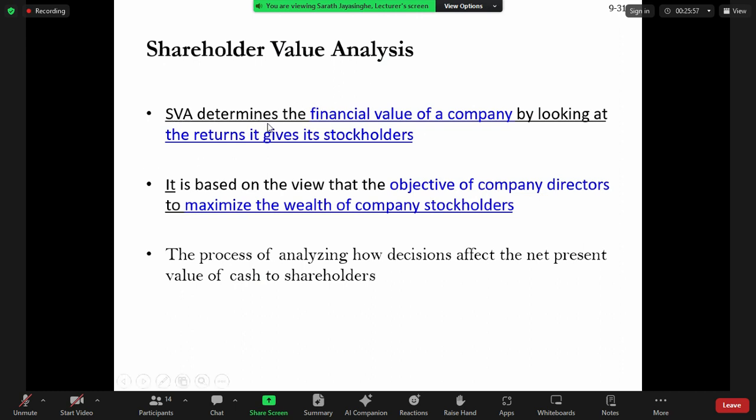SVA, shareholder value analysis, determines the financial value of a company by looking at the returns it gives to the stockholders. You are giving some return to the stockholders, right? Then by thinking about that, we can consider this SVA. It is based on the view that the objective of company directors is to maximize the wealth of company stockholders. The process of analyzing how decisions affect the net present value of cash to shareholders.